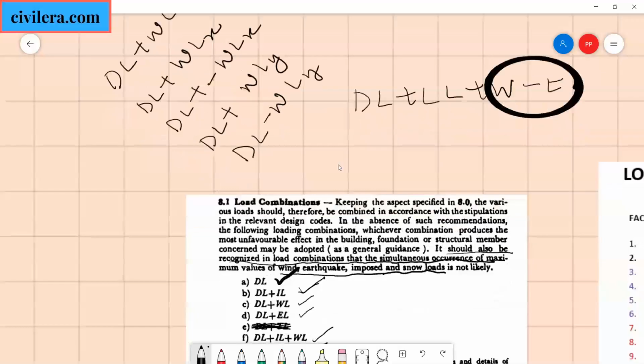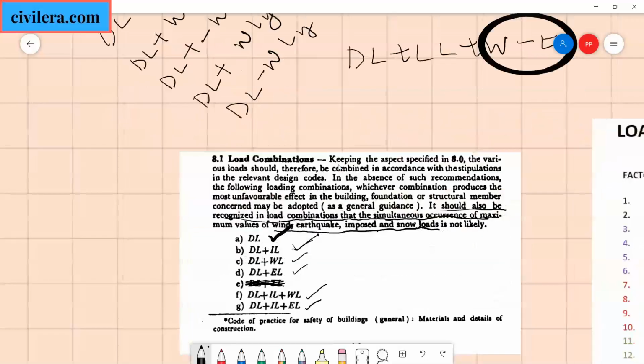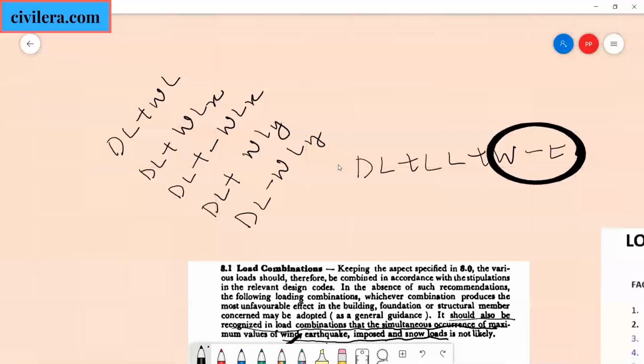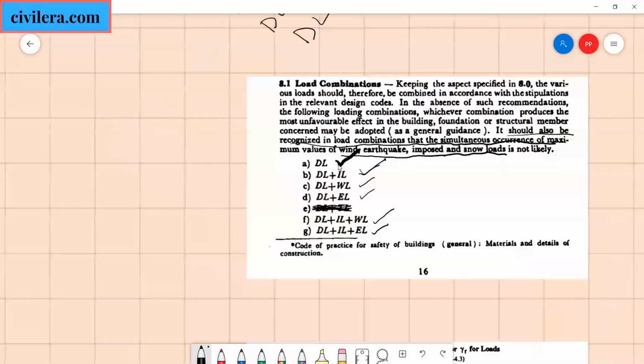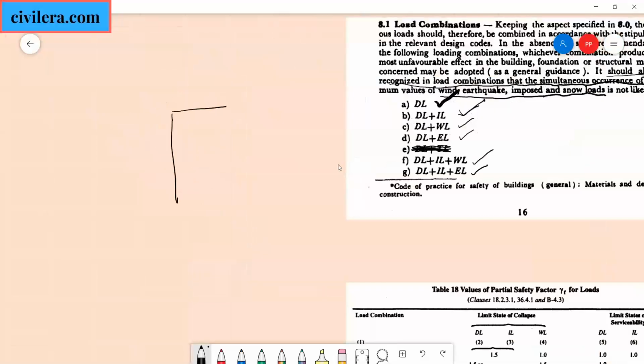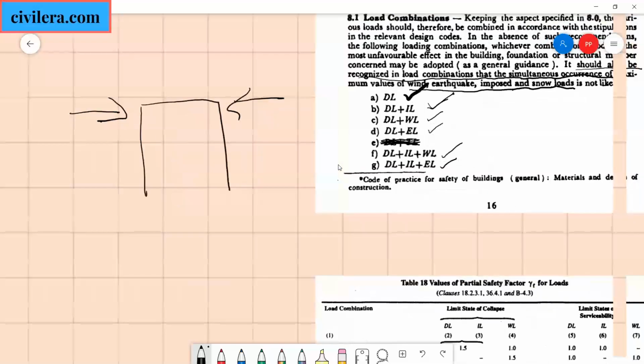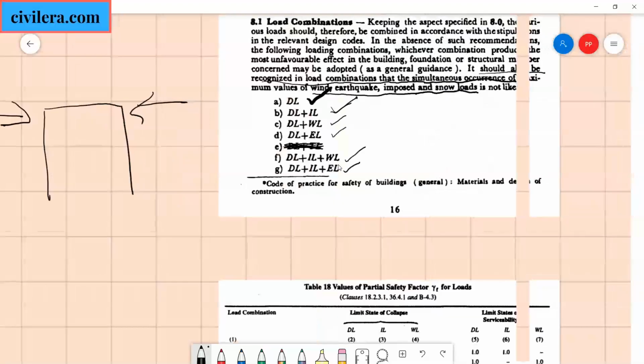The code just tells you dead load plus wind load, but that means 4 or 5 combinations. Dead load plus wind load means 4 combinations: wind X, wind minus X, wind Y, minus Y. It only means that plus X means this, minus X means it's coming from the other side. Y means in the perpendicular direction. So these are the combinations.